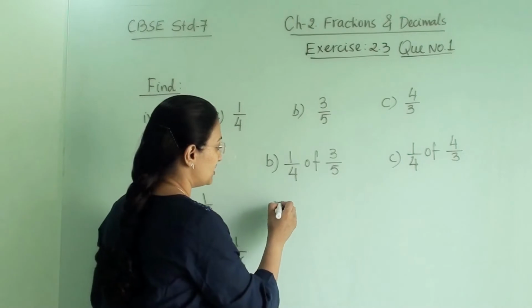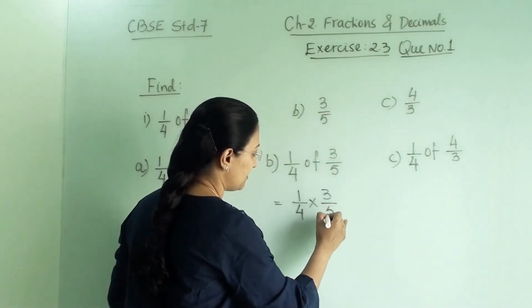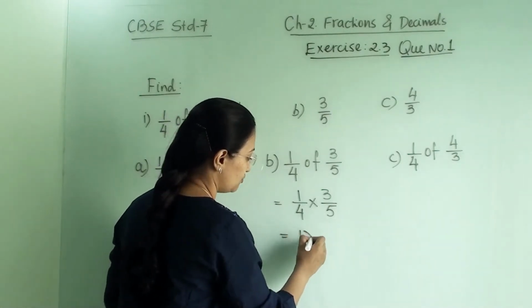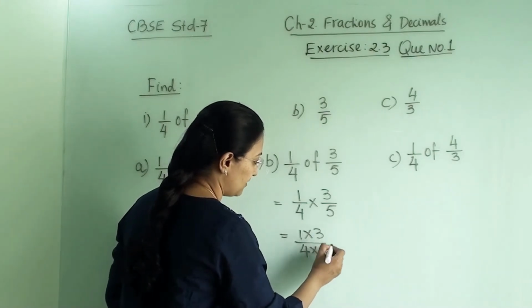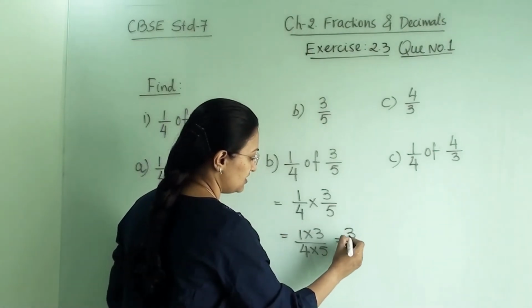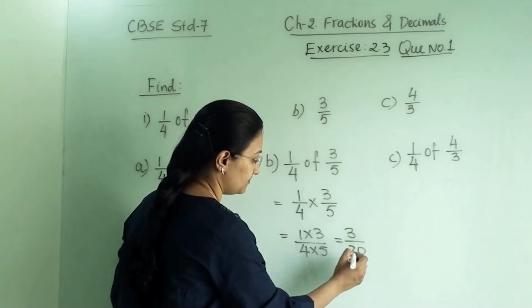Now the next numerical, 1 by 4 into 3 by 5. So let us club numerator and denominator. So 1 into 3 divided by 4 into 5. So the answer is going to be 1 into 3, 3, and then 4 into 5, 20.